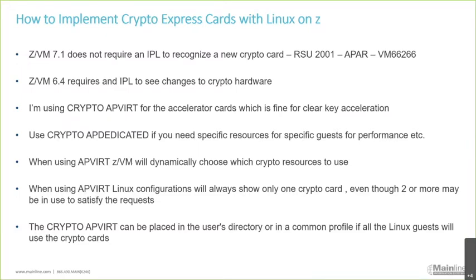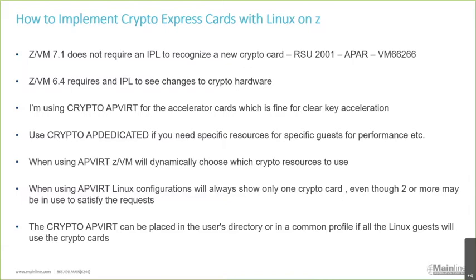For running these in accelerator mode, APVIRT is fine, and it allows VM to dynamically choose which crypto resources to use. So you're going to give it a set of resources to use, and then VM will decide which one of those resources it needs to use. In this case, I gave it 2 crypto cards, so we have 2 cards to use.